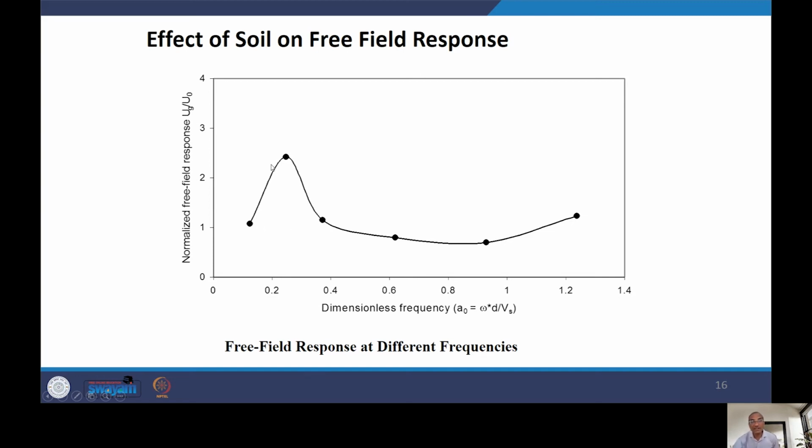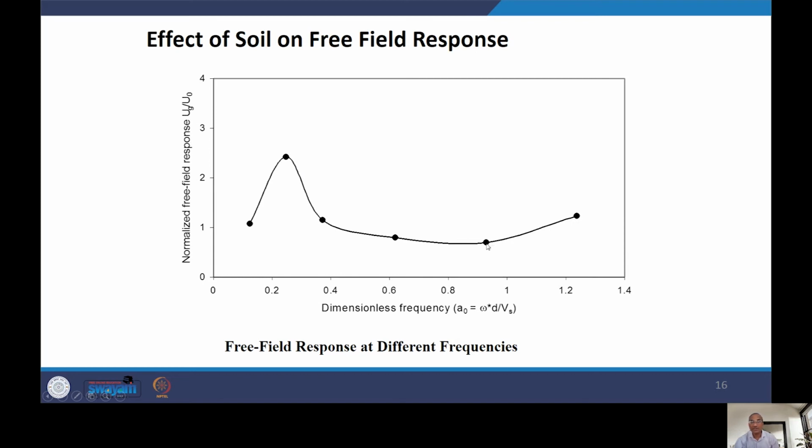What you can see in this graph is that the analysis has been carried out at discrete frequencies. When the frequency is very low, around 0.1, this ratio is almost 1. But as the frequency increases, this value reaches a peak, and after that it starts decreasing continuously up to this point.